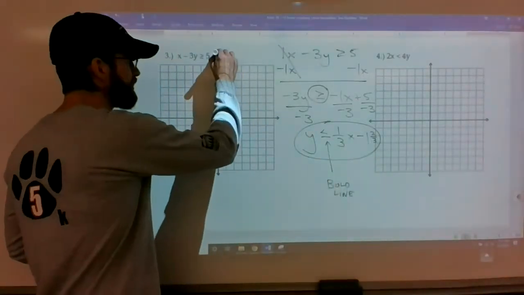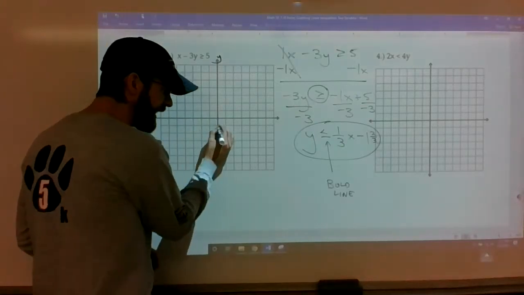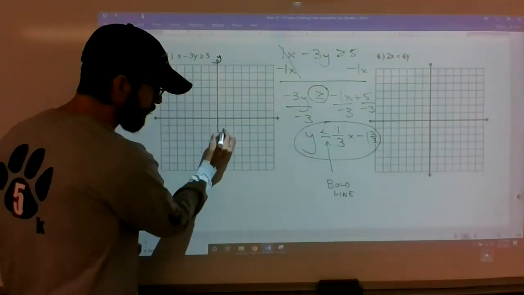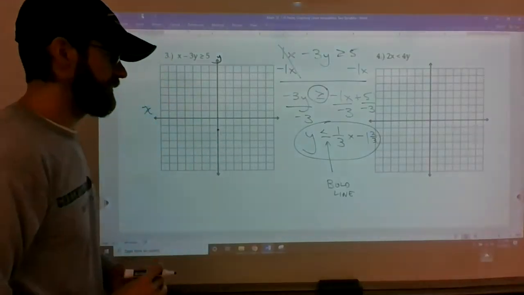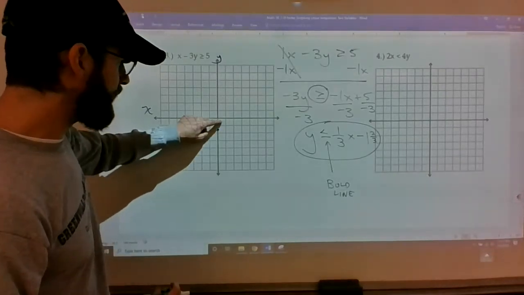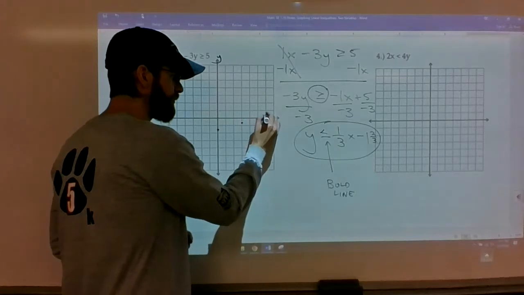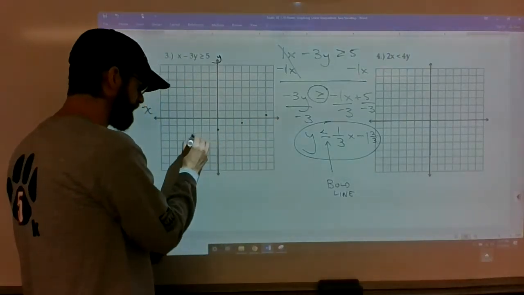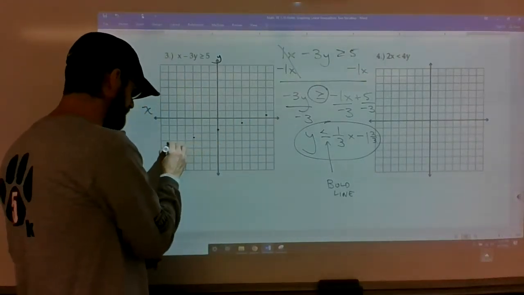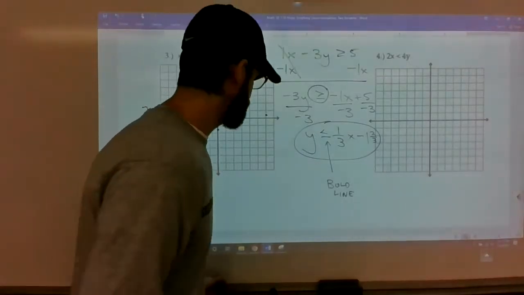Starting at negative 1 2/3, that'd be down 1, down 2/3 more of a block. And then you go up 1, right 1, 2, 3. Down 1, left 1, 2, 3. Draw a bold line.